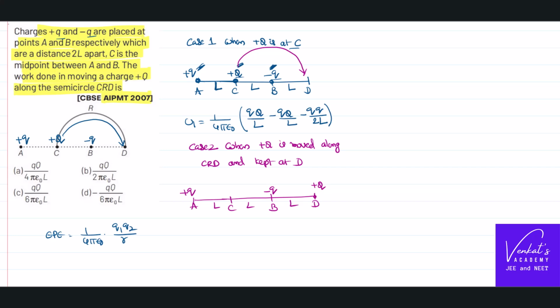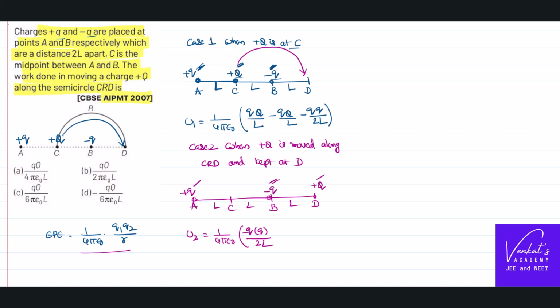I can write the new potential energy. 1 by 4 pi epsilon naught is common as per this formula. Now between plus q and minus q there is potential energy: minus q and q by the distance between them, 2L.